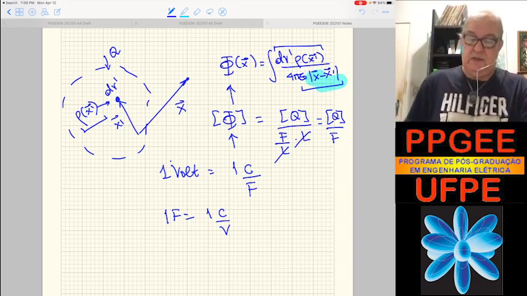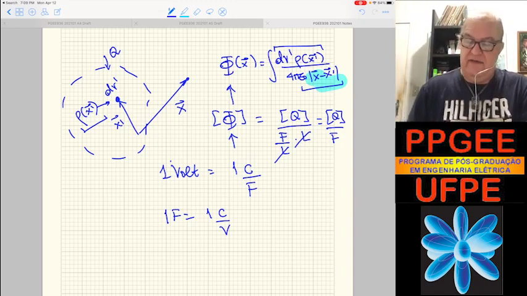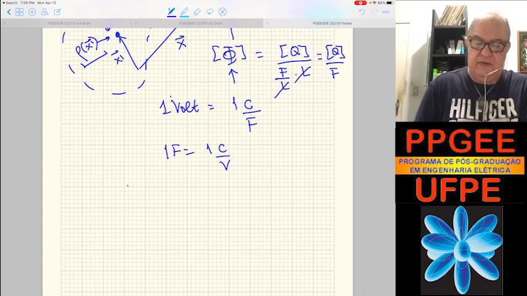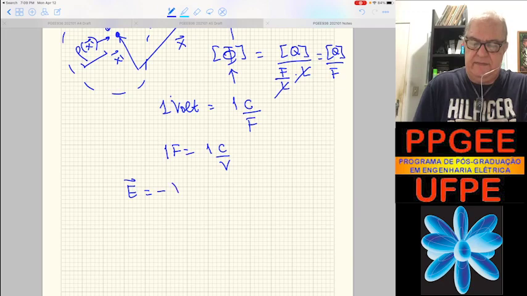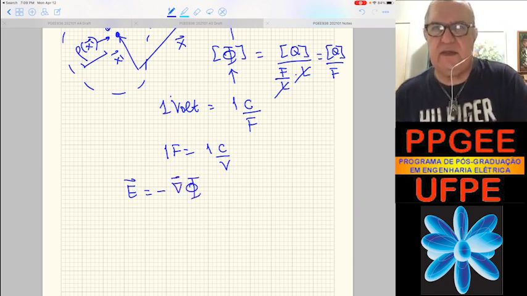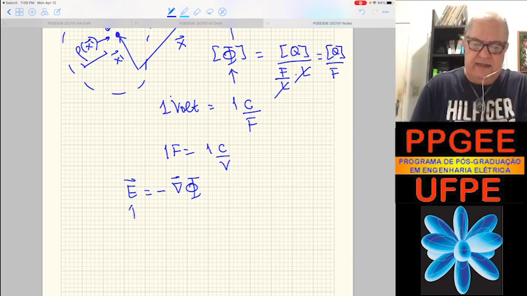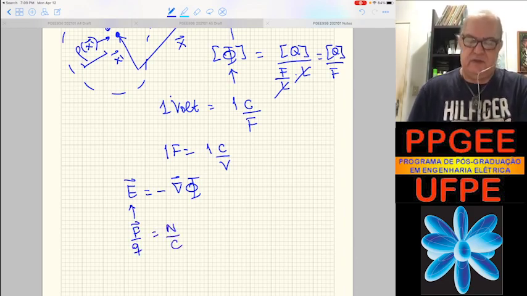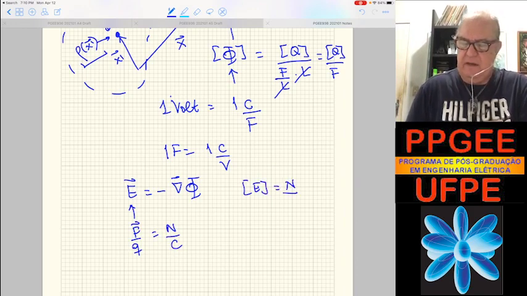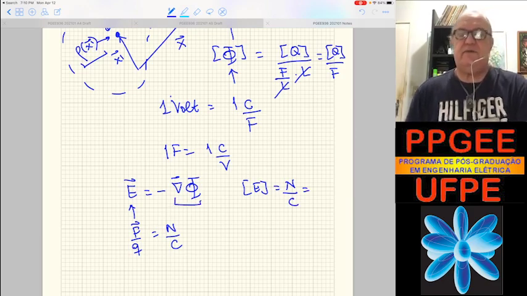We also demonstrated that the E field is given by minus gradient of the potential. So let's look a little further at the units here. Let's recall that this is force per unit of charge, which is Newton per coulomb. So the E field is measured also in Newton per coulomb, which equals volts per meter.